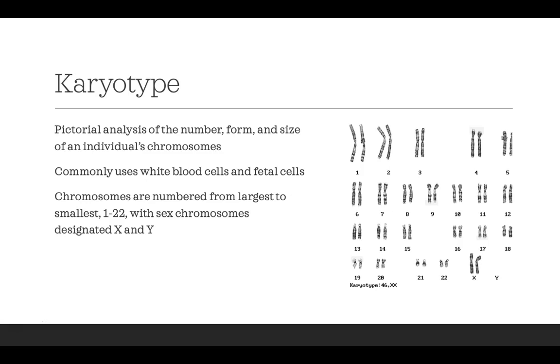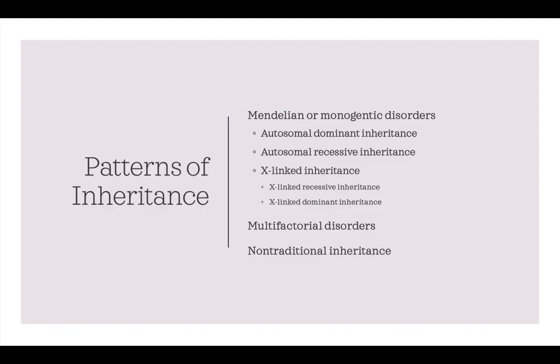This is important to keep in mind as we talk about some of our patterns of inheritance and problems that come along with the patterns of inheritance. So patterns of inheritance demonstrate how genetic disorders can be passed on to a person's offspring. A genetic disorder is a disease caused by an abnormality in an individual's genetic material or genome.